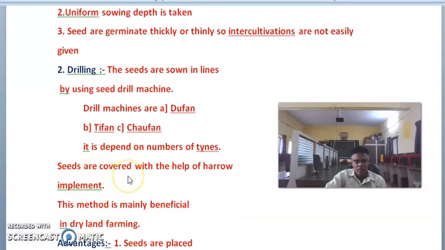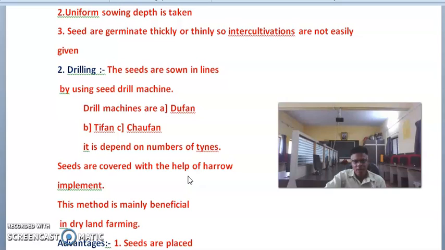The seeds are drilled with the help of the seed drill machine, and the mouth part used for dropping the seeds is known as a bowl. So it is classified as a 1-bowl or 2-bowl seed drill machine.